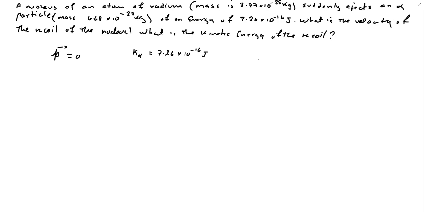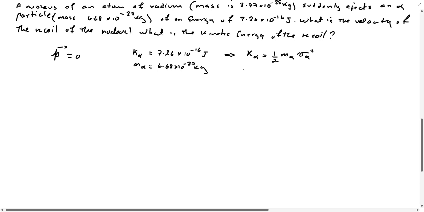That kinetic energy can be calculated as: kinetic energy of the alpha particle equals 1 over 2 the mass of the alpha particle times the square of the velocity of this alpha particle. We know the mass of the alpha particle, as given in the problem, 6.68 times 10 to the negative 27 kilograms.